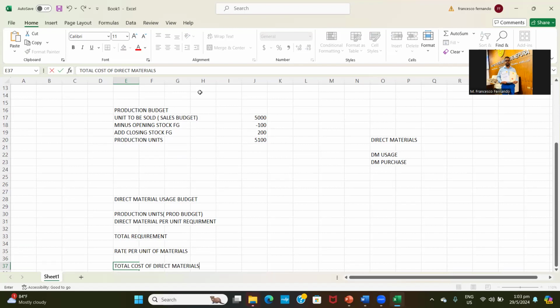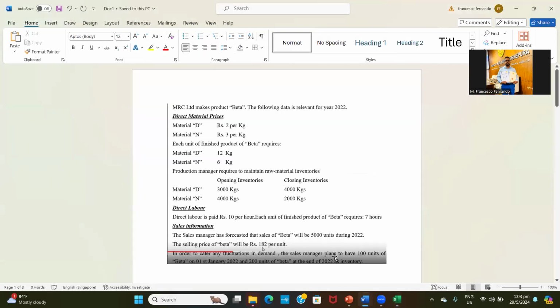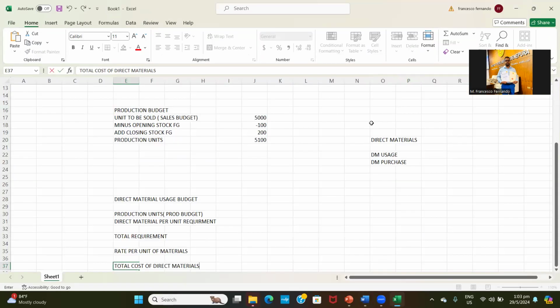Now, in this question, they have used two materials, material D and material N. So you can prepare the direct material usage budget for both the materials. Right? Now here I will put material D and here material N.